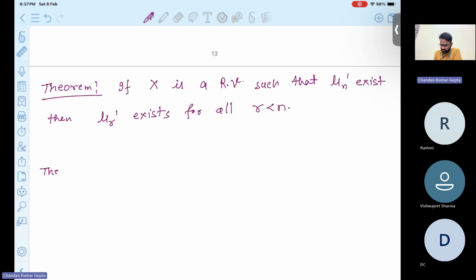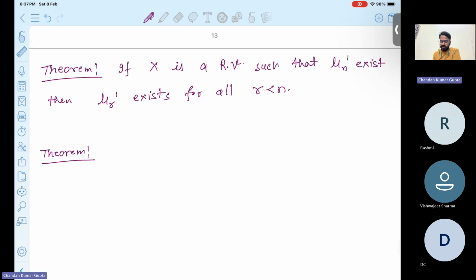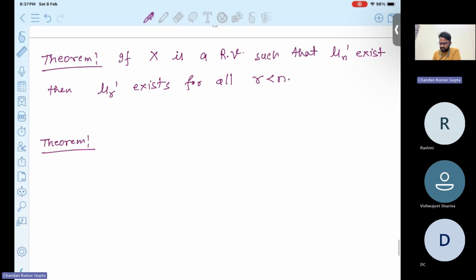Also, there is one more theorem. We are not going to prove these, but yes, these are the properties. Suppose we have a random variable x whose nth order moment exists, then we can make a relationship between the non-central and central moments. Let x be a random variable whose nth order moment exists.